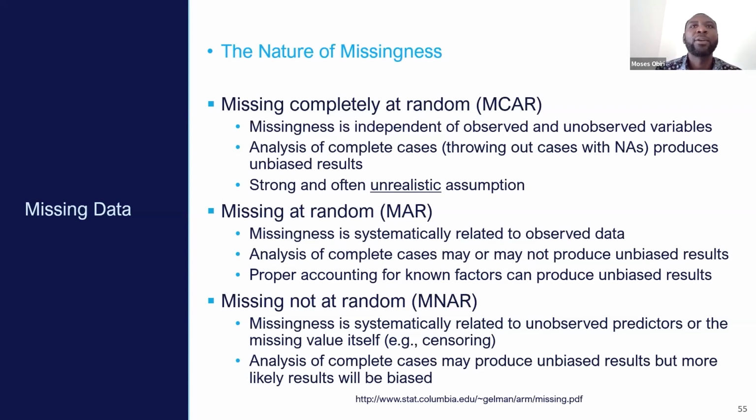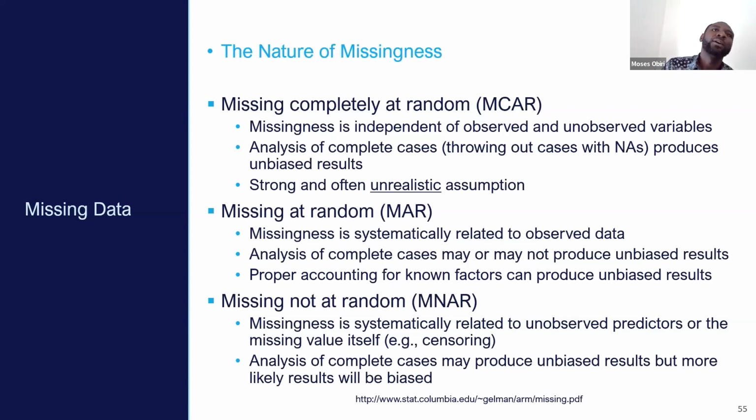And missing at random is where the missingness is related to some variables in your data set. And so under this scenario, the probability of missingness depends on available information in your data set.